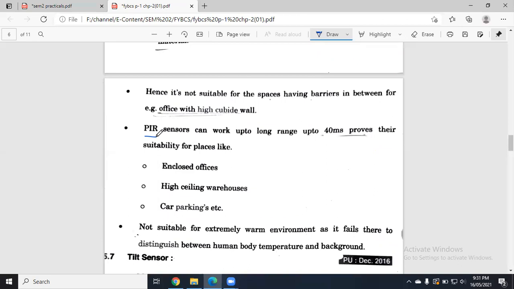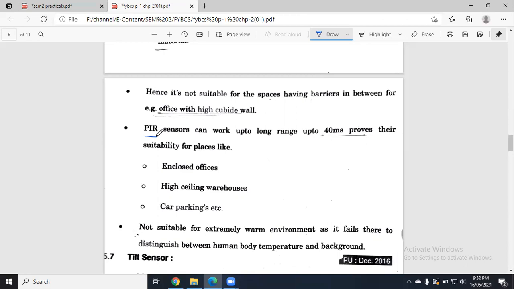The body temperature is slightly higher than the surrounding temperature, but if you are in a desert area, then the surrounding temperature is also high and your body temperature is also high. So in such cases the sensor may fail to detect the temperature difference between the background and the human body.